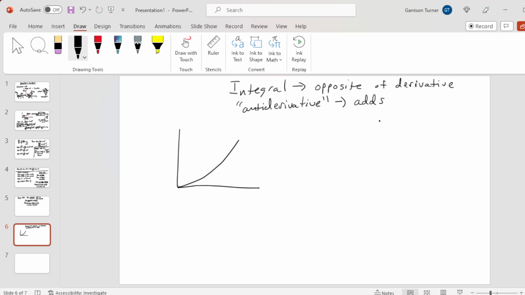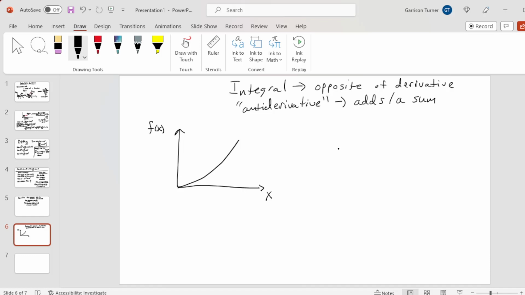An integral represents a sum. And what it really represents is an area under a curve. So an integral represents an area under a curve, but the process of integration is exactly opposite of what you do when you differentiate.